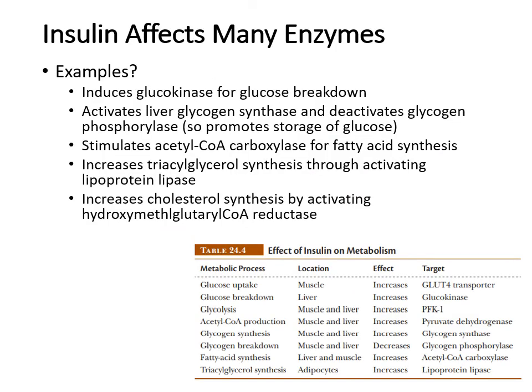Now, insulin keeps coming up as such a critical hormone, and one of the ways that we can demonstrate that is by listing out and looking at this table as well to see some of the various areas that it ends up affecting, because insulin can affect many different enzymes, and it's involved in glucose breakdown pathways, in the storage of glucose through promoting the synthesis of glycogen and reducing the breakdown of glycogen.